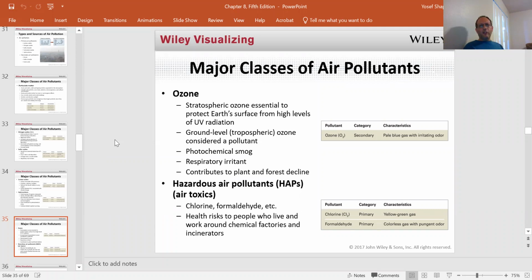They first noticed this in Los Angeles, it's still a problem, in the late 1940s when people really started driving after World War II, in the late 40s, early 50s. It's worse in the summer months because there's more sun. And since this is light dependent, the reactions that generate the smog, the more sun there is, the worse it gets. So that's photochemical smog as opposed to the urban smog, which is not photochemical.